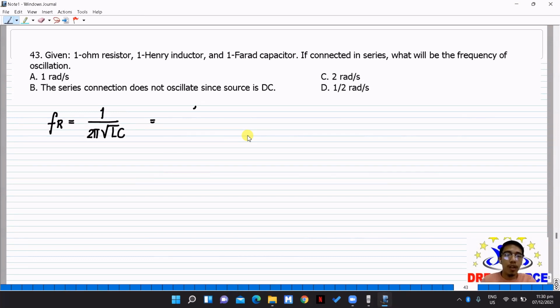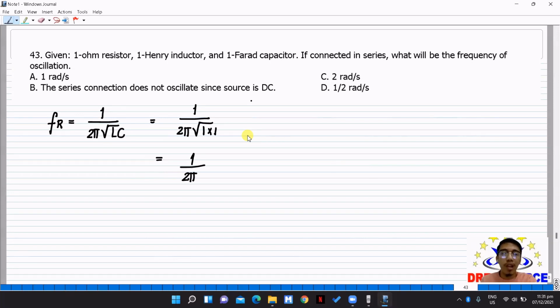So from here, pwede ko nang kunin, that is 1 over 2 pi square root ng L times C. So that is 1 over 2 pi, nakita natin din kanina na sobrang liit ng value. So wala naman sa choices natin ang hertz, tama, kasi ang frequency is in hertz. Ang meron lang rad per second, does not oscillate, 2 rad per second, and 1/2 rad per second.